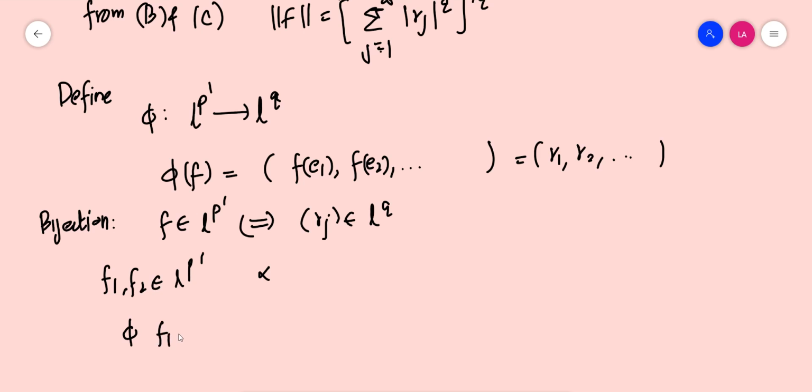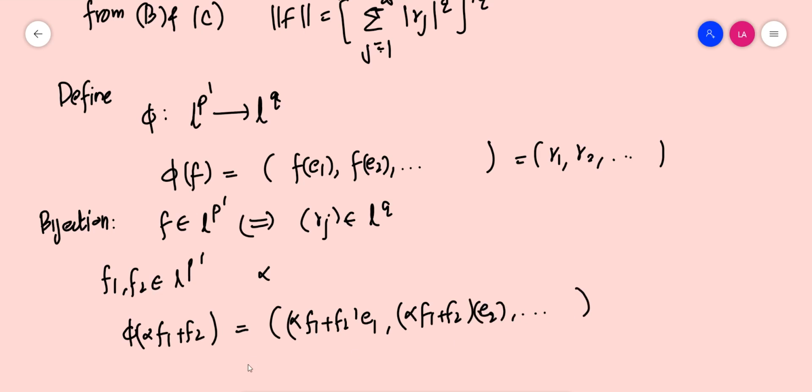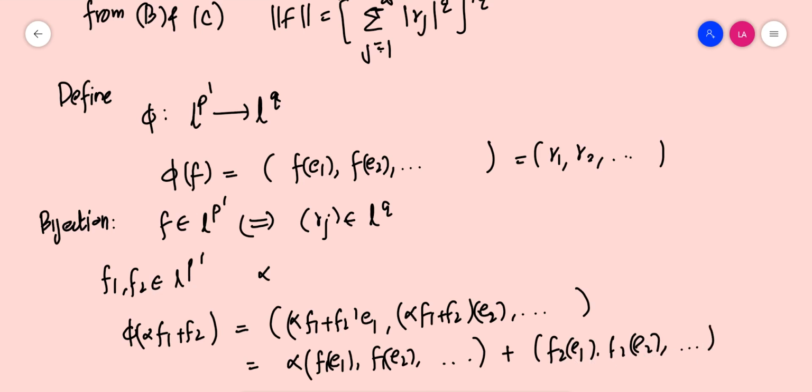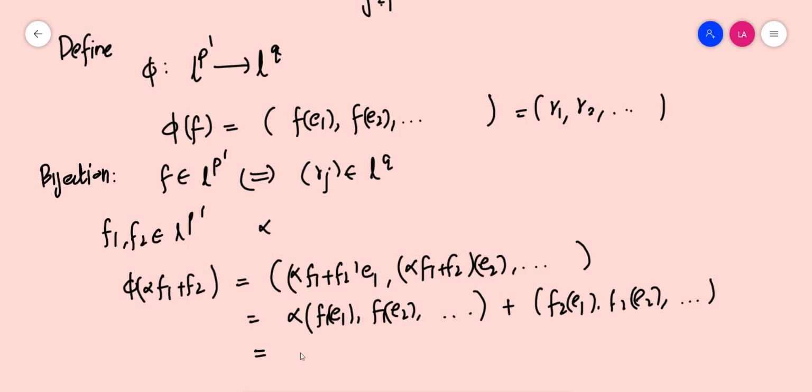So phi of alpha F1 plus F2 should be equal to, if we substitute this value, alpha F1 plus F2 times E1, alpha F1 plus F2 times E2 and so on, which is clearly alpha times F1 of E1, F1 of E2, etc., plus F2 of E1, F2 of E2, etc. Okay, this is alpha times phi of F1 plus phi of F2.